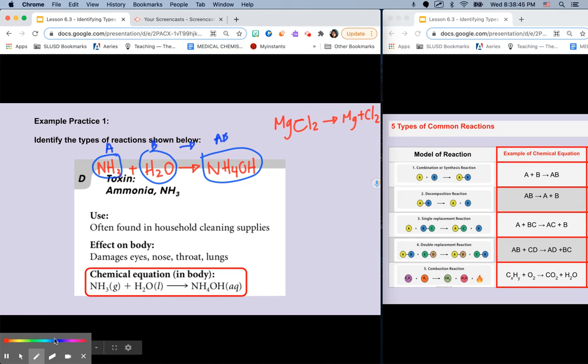Notice that for this one, I'm starting with just one molecule before the arrow. It's not mixing with anything. It's just separating into two parts, right? So if I start out with one thing and it separates to two parts, this is a decomposition reaction, right?